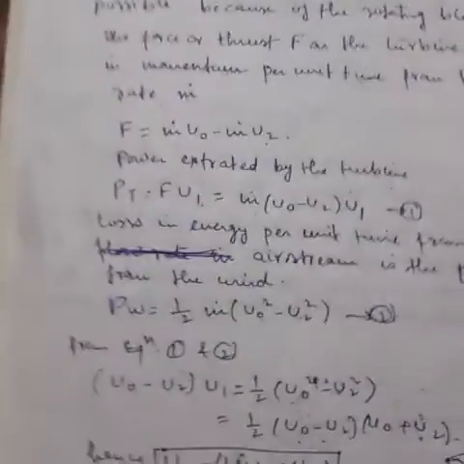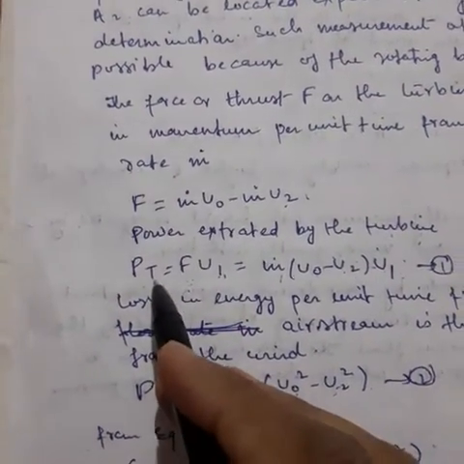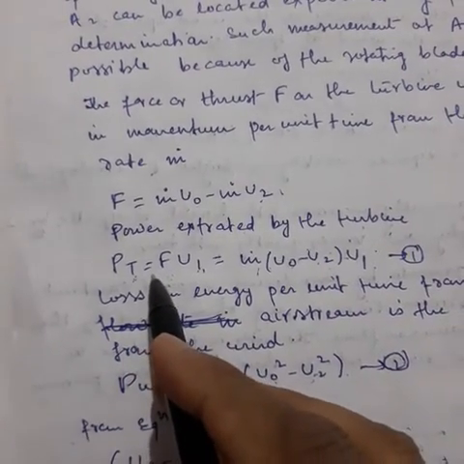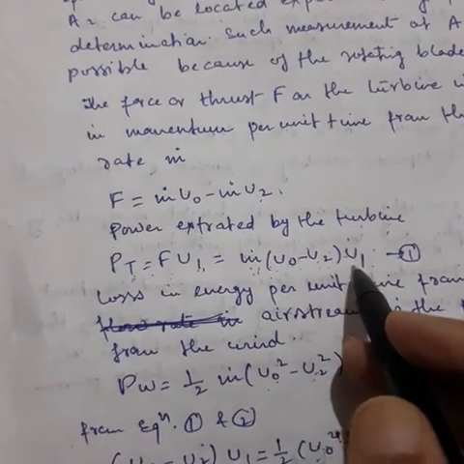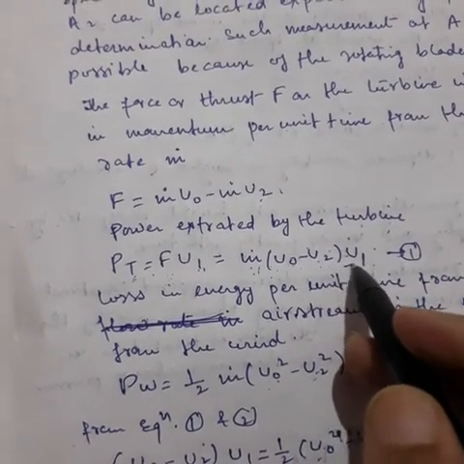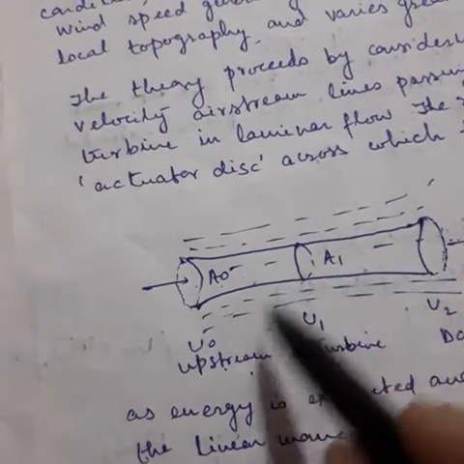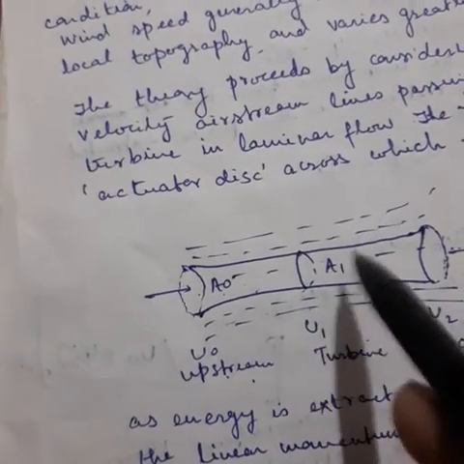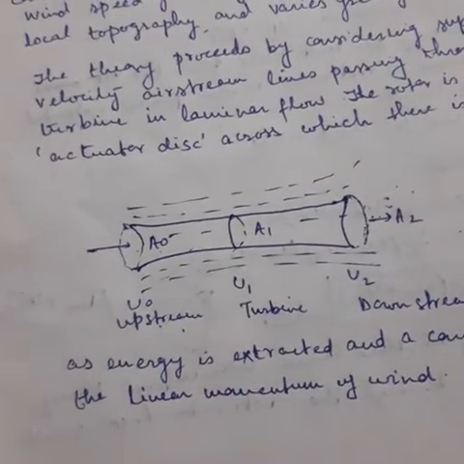While we calculate the total value of the power Pt exerted by the turbine, the formula is m naught into u naught minus u2 into u1. Here u naught is the initial upstream value, u1 is the turbine velocity, because when the turbine moves at a huge velocity, maximum energy is obtained, and u2 is the downstream velocity.